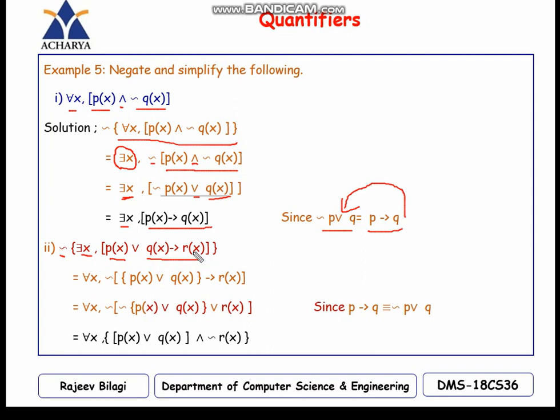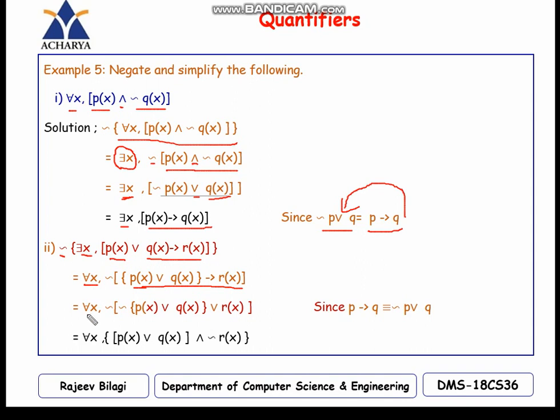Now when you write this, since there are no brackets given, to apply the negation, for some becomes for all x, negation of P of x, and this entire statement. Now I can write P of x or Q of x, I can take it as bracket one.